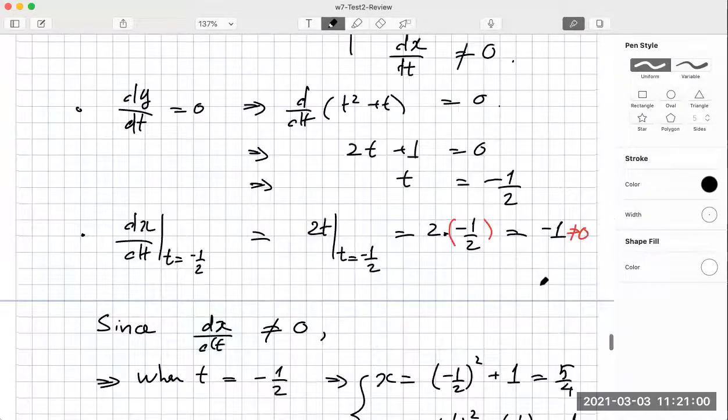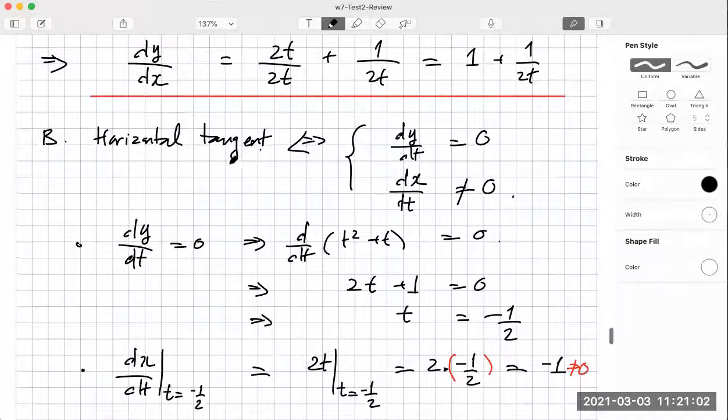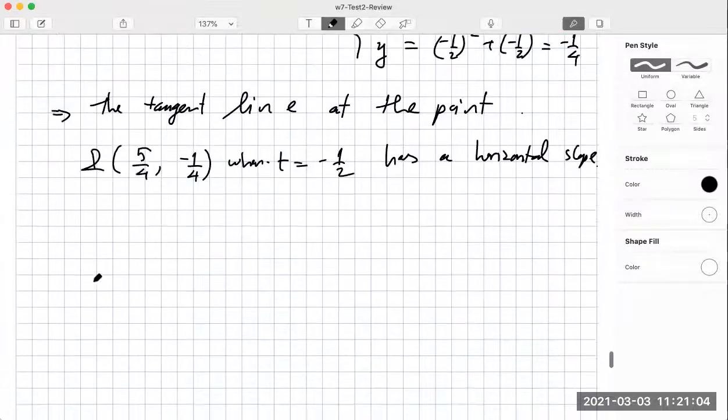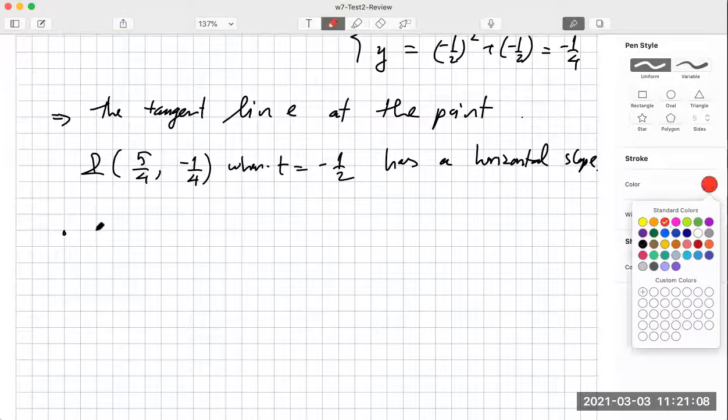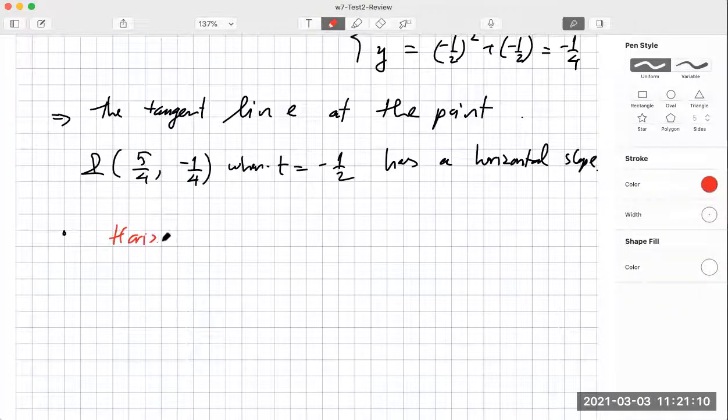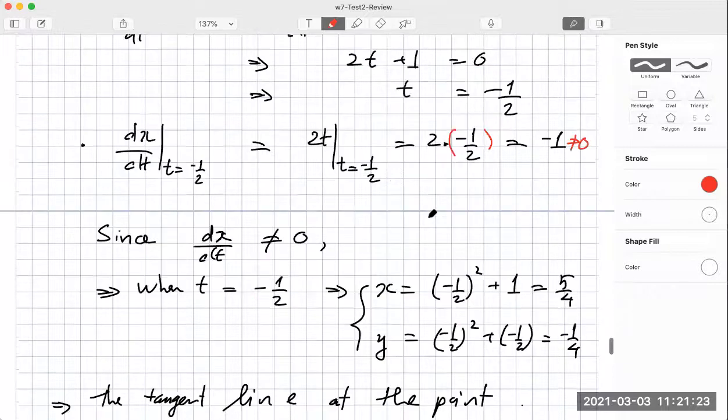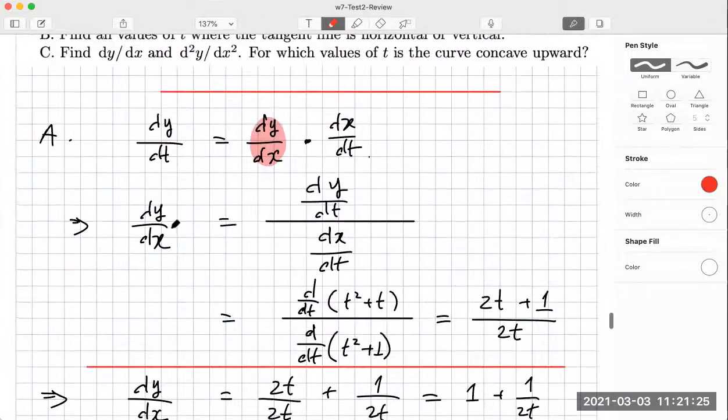Let us continue with the vertical tangent line. When the tangent line is vertical, what does it mean? It means dy over dx should go to infinity.